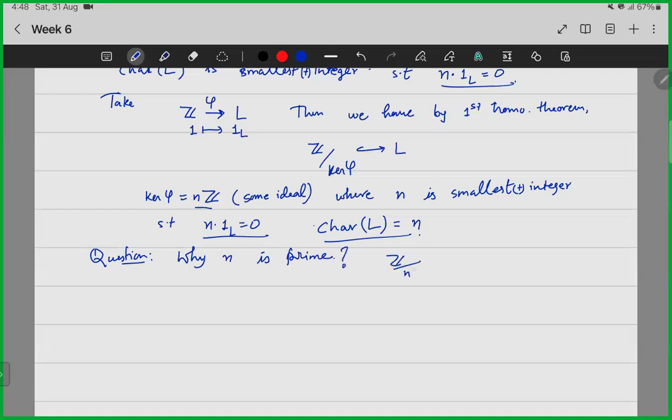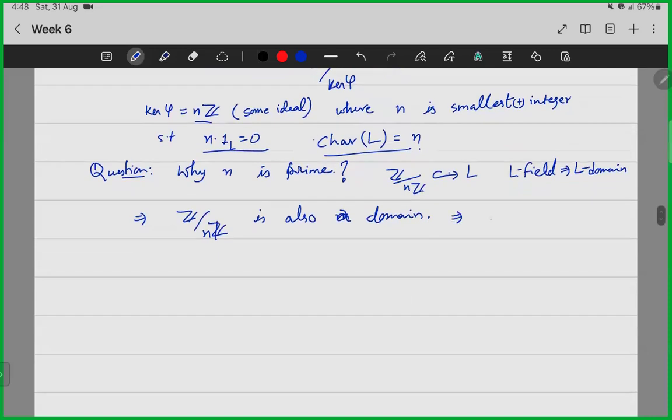Because Z mod NZ is included in L, and L is a domain. L is a field, which implies L is a domain, which implies Z mod NZ is also a domain, because Z mod NZ is sitting inside L. It is a domain when it is an integral domain.